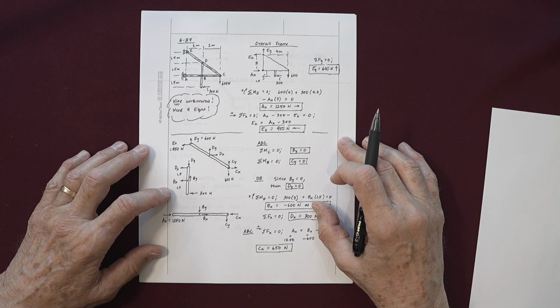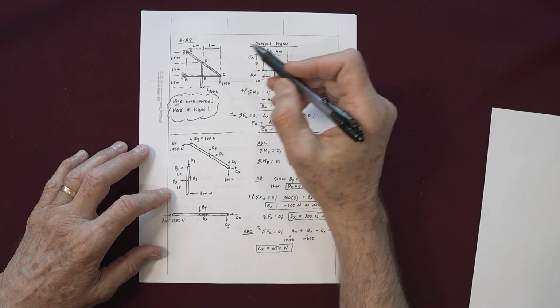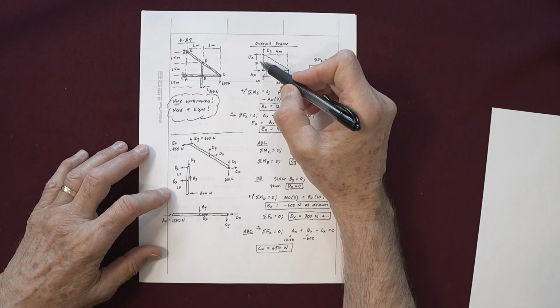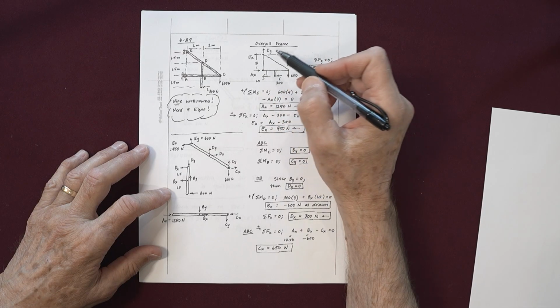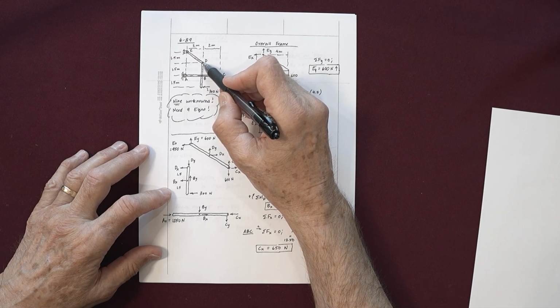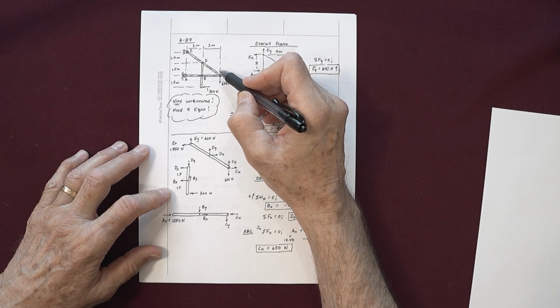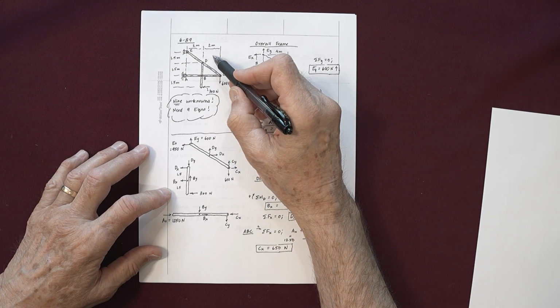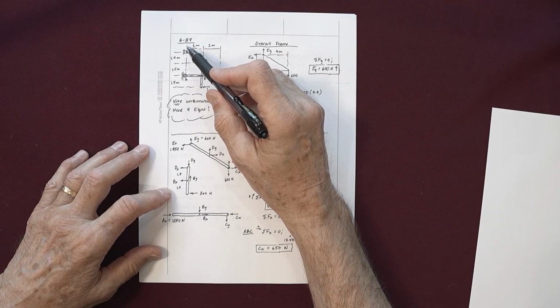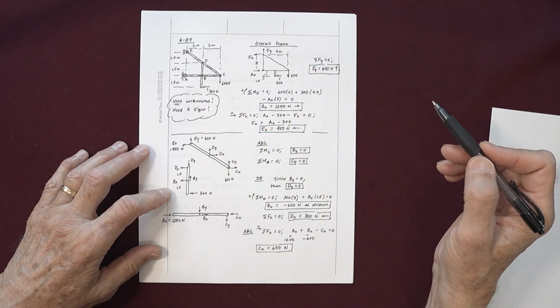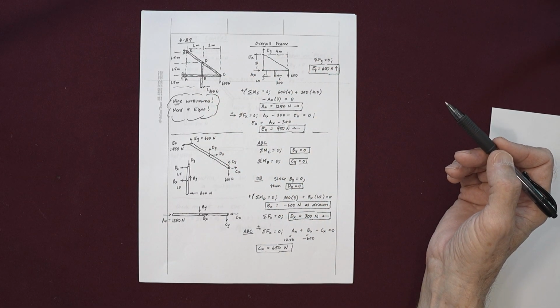So if you count the total reactions you're looking for, you've got EX, EY, and AX. Those are three. You have DX and DY at this intersection, BX and BY, and CX and CY. So you have 6, 7, 8, 9 unknowns for this frame.